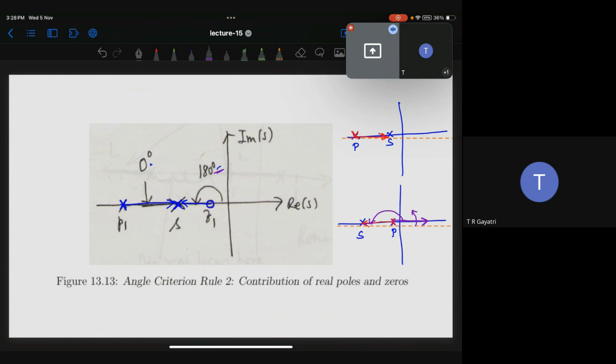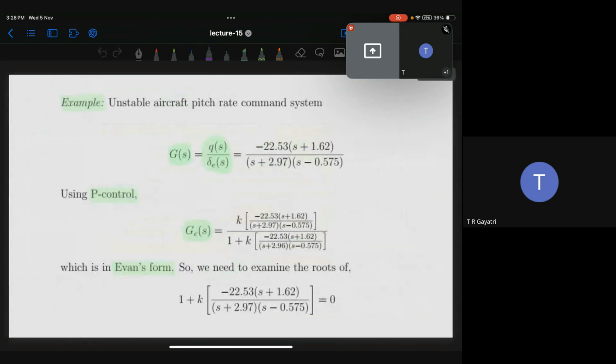Is this clear? So if this is your S point, any pole or zero on the left side of S will make 0 degrees. If any pole or zero is on the right of this S, it will make 180 degrees. Clear? That's it. Now we are going with the example, the same example.